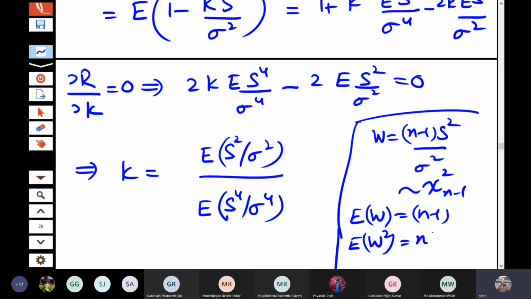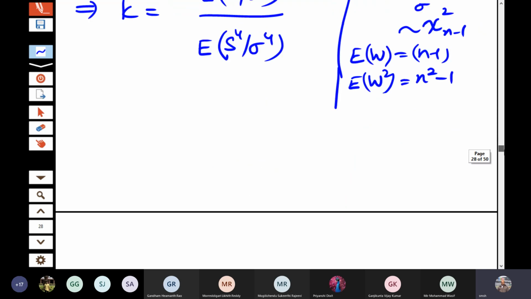If I write it as (n minus 1) into (n minus 1 plus 2), that is giving me (n minus 1) into (n plus 1).